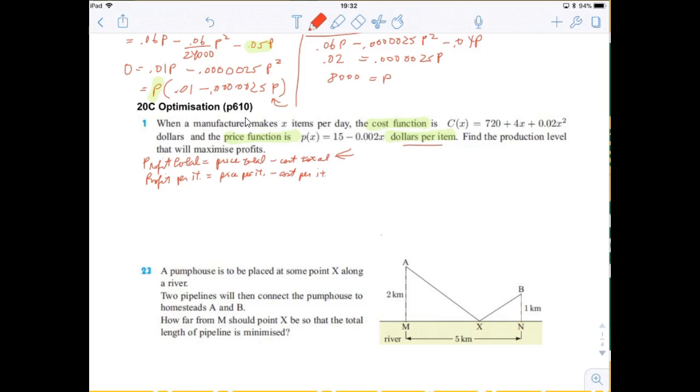So the total price would be the price function, P of x, times x. And then we subtract the cost function, and the cost function is already for the whole factory, so we don't need to multiply it times x. Okay? So that is the profit. The profit is P of x times x minus C of x. So we're going to fill all those in.